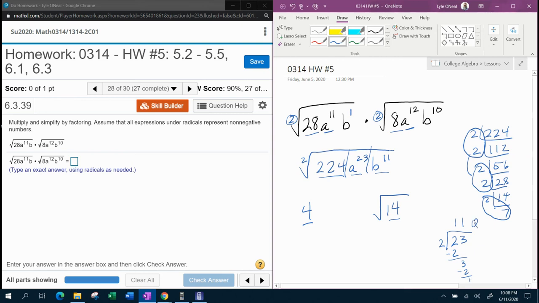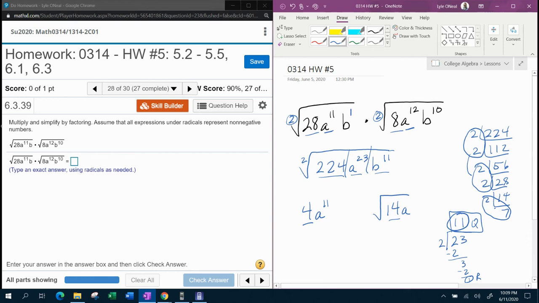So this is the quotient, 11, and the remainder is 1. Now, what does that mean? That means that I can bring out 11 a's, and there will be 1 a left over. The quotient is the exponent outside, and the remainder is the exponent inside.